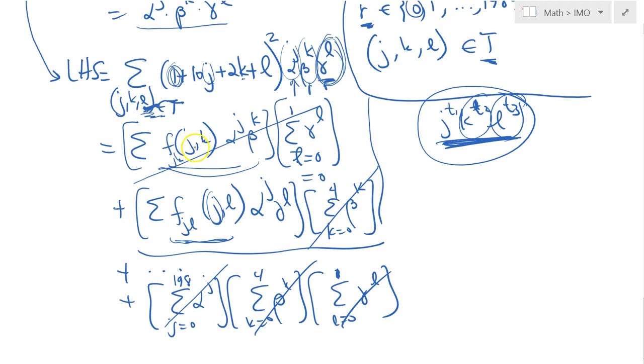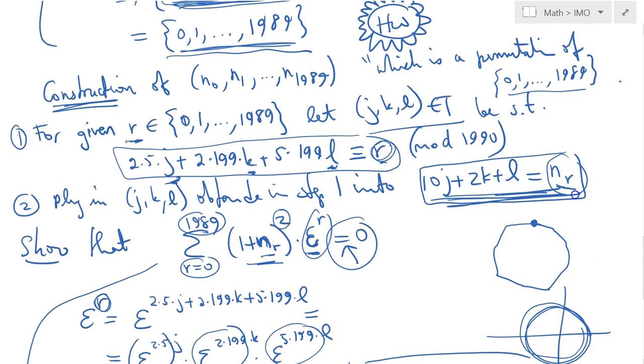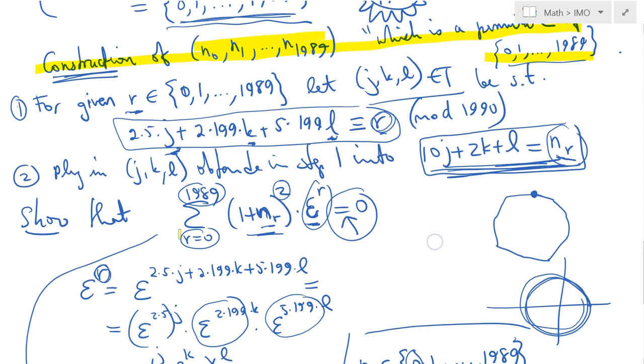So the worst case that can happen will have 2 terms. Okay, so long story short, this whole thing would have to be equal to 0, and that does the trick, right? So we have found a way to construct these numbers, n sub 0, n sub 1, up to n sub 99, such that they make this left-hand side expression equal to 0.